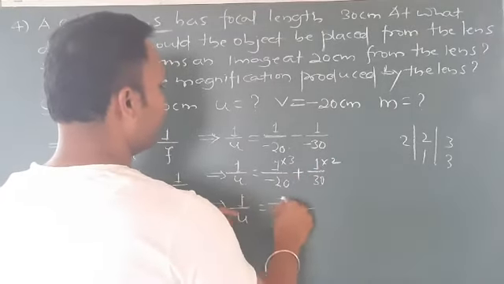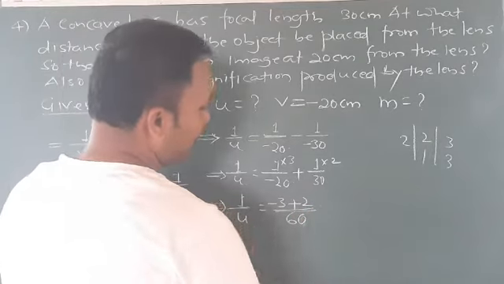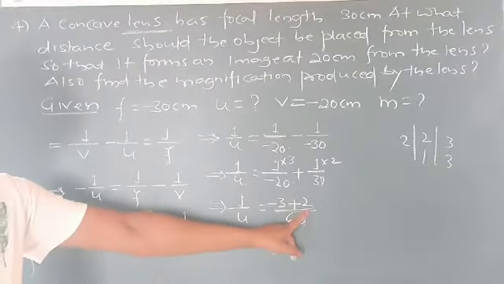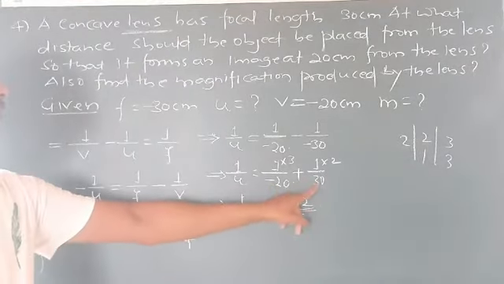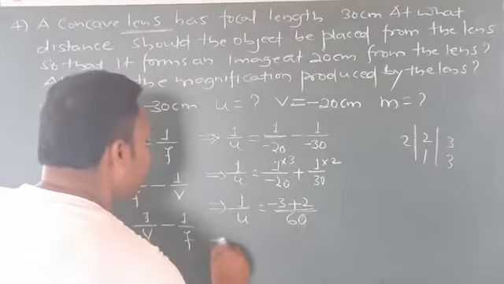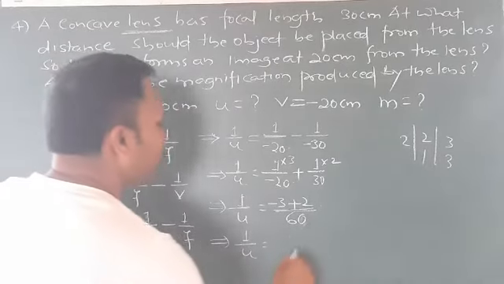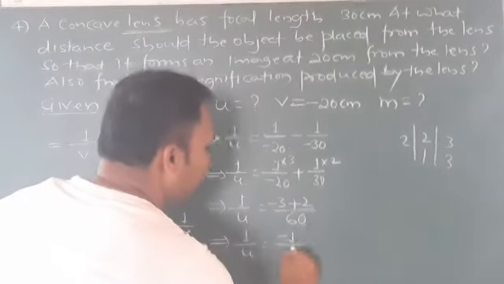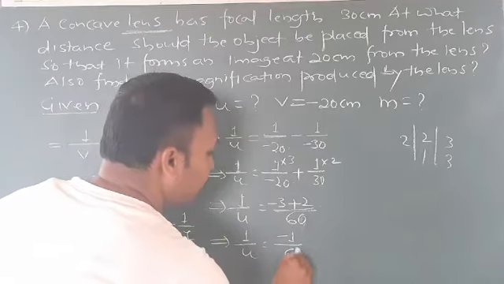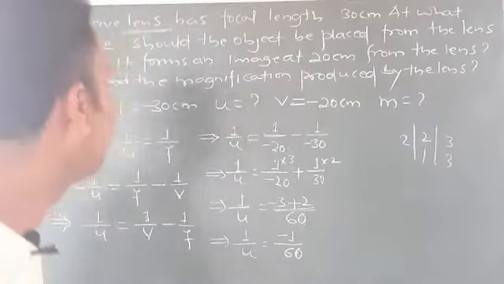Now this is minus 3 and this is plus 2. Because we have here minus sign and here plus sign, we can keep the plus as it is. Now this becomes 1 by u is equal to minus 1 by 60. Now I'll move with the next step.